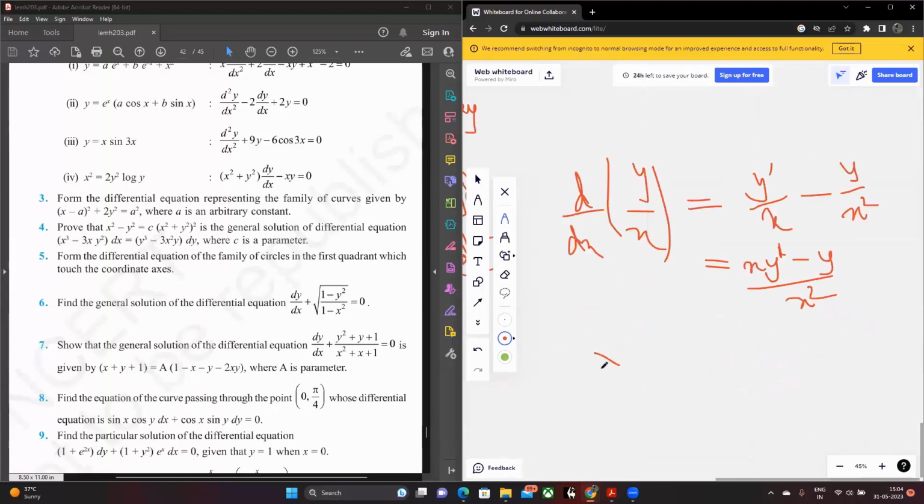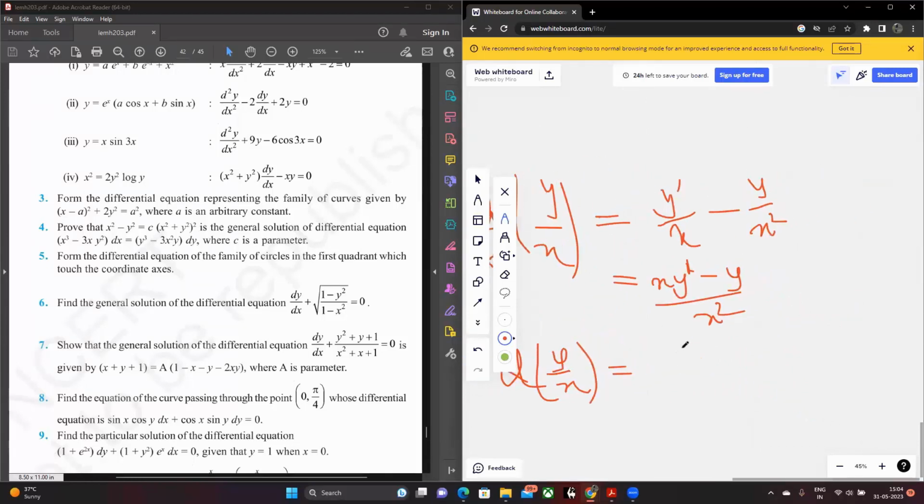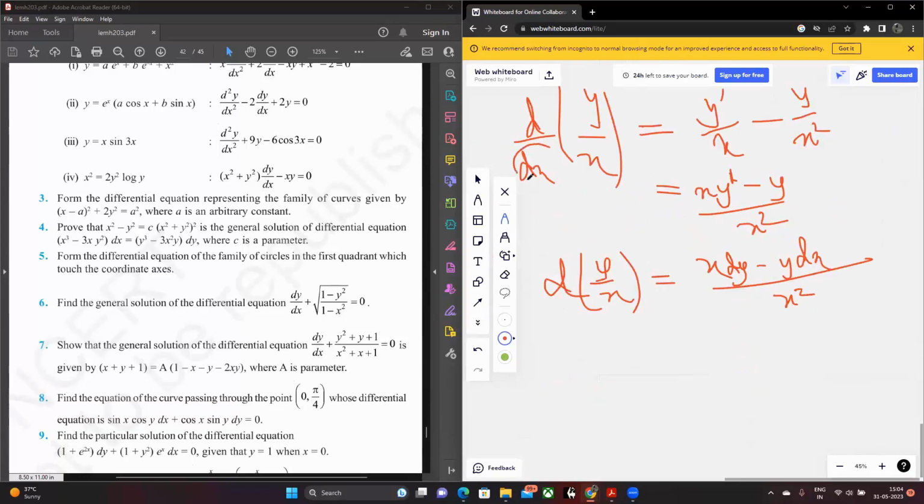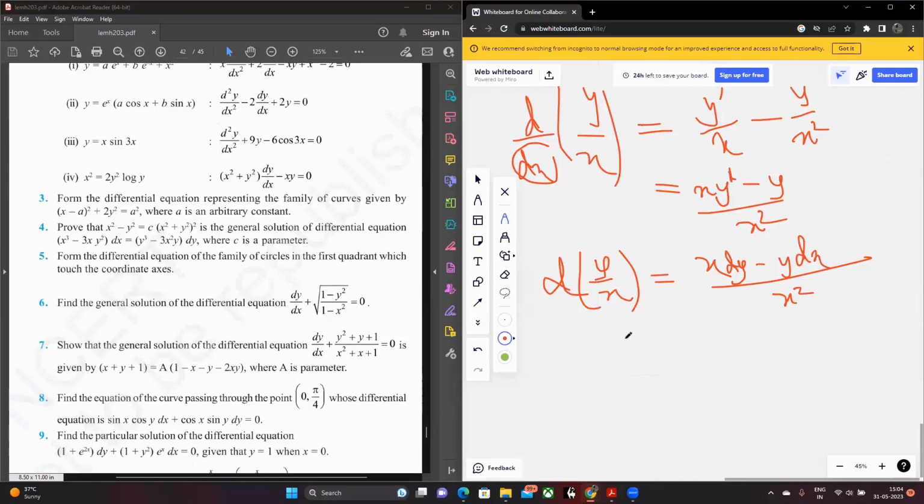So if you want to write d of y by x, you'll basically have (x dy minus y dx) divided by x squared, because you're going to multiply this over here. That's your Leibniz rule.